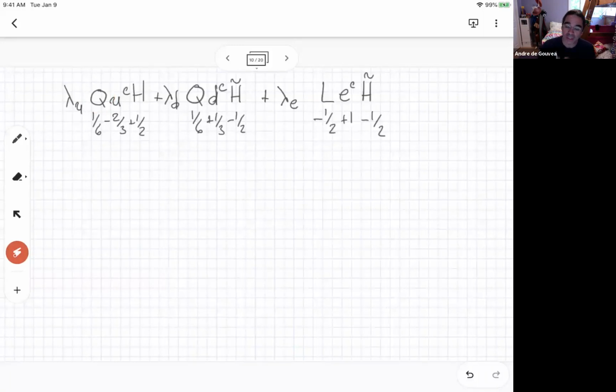So the question you need to ask yourself is, given these two doublets, what are the ways of forming a weak isospin singlet? It turns out that there are two ways of doing that. One uses the Higgs field, the other uses the conjugate of the Higgs field. This is a fun feature of the SU2 group, and I'm not going to talk about that.